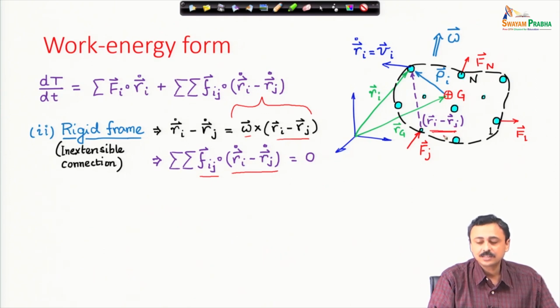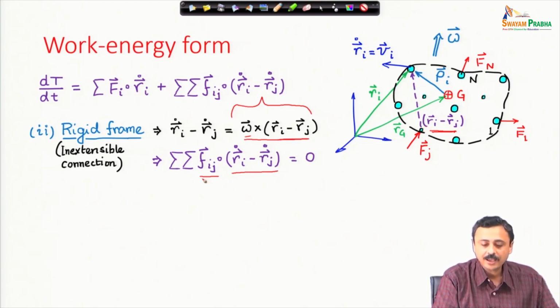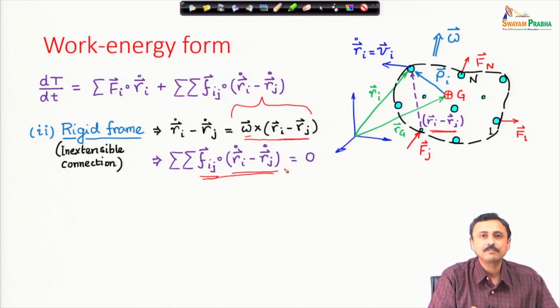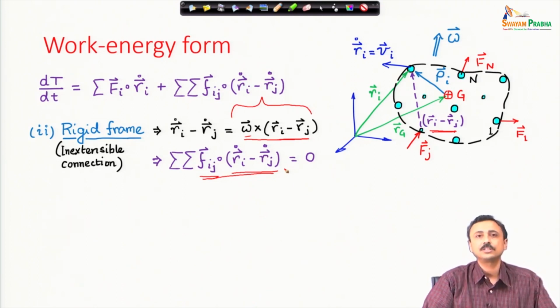R I minus R j is this, and omega cross R I minus R j is perpendicular to this line, f I j is along the line, therefore, this dot product must also vanish, because f I j is perpendicular to R I dot minus R j dot, the relative velocity vector.